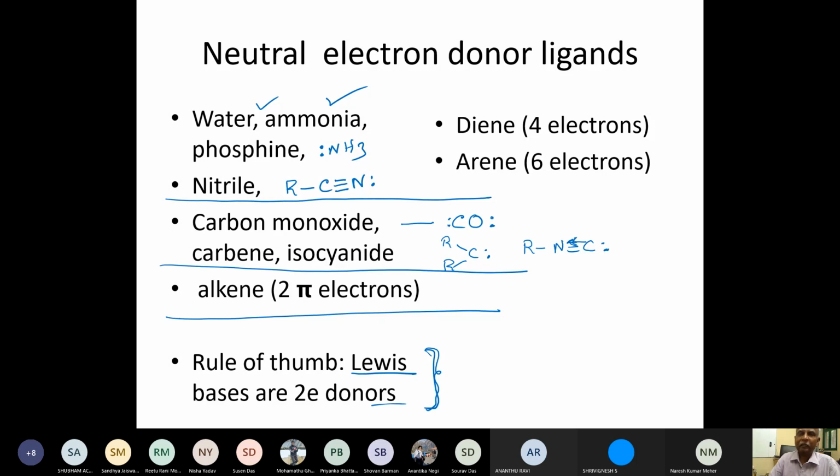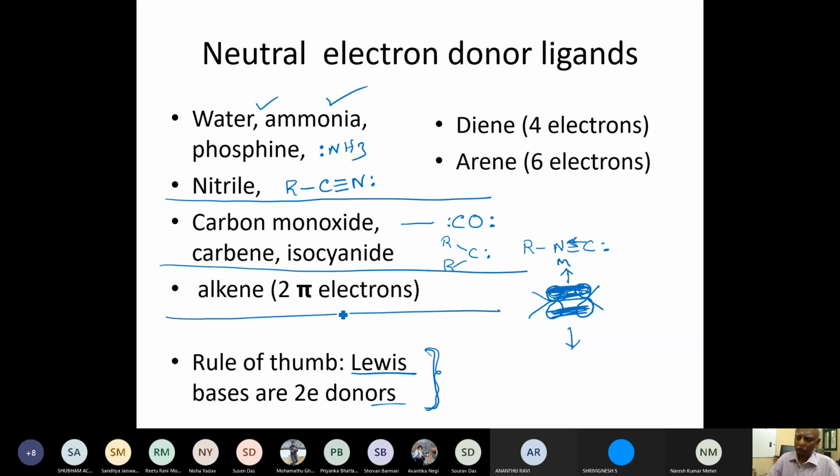An alkene is not a Lewis base, but it has got a set of pi electrons, which are concentrated on the carbon-carbon double bond, and on both sides of the olefin there is a region of electron density that can be donated to the metal.